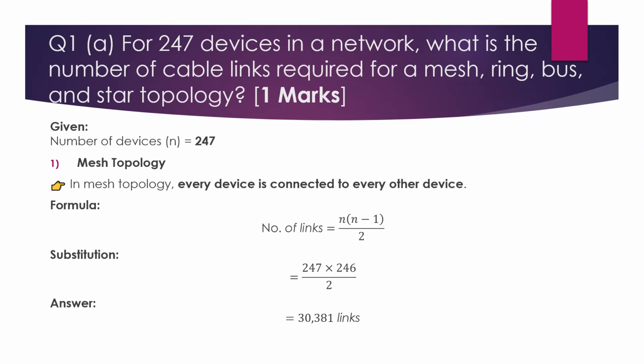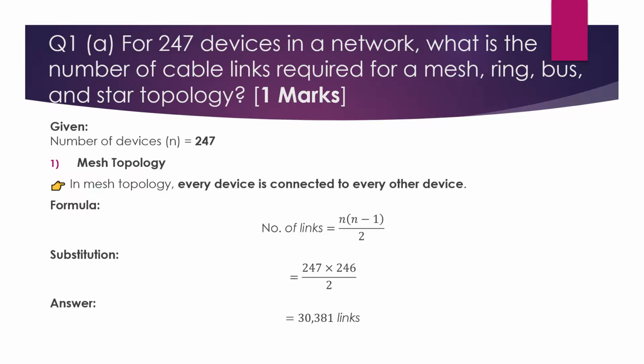So what is the first sub question? For 247 devices, what is the number of cable links? In mesh topology, every device is connected to every other device. What is the formula to find the number of links in a mesh topology?